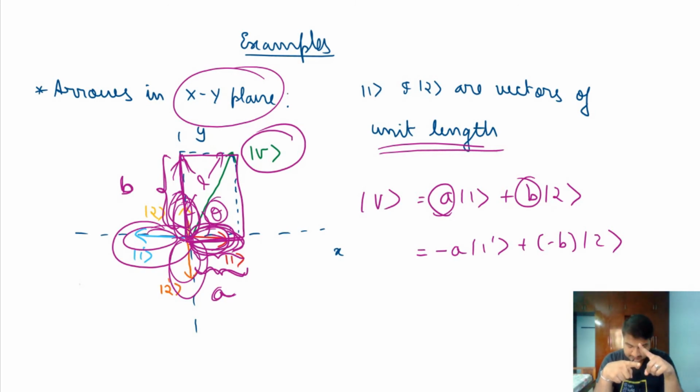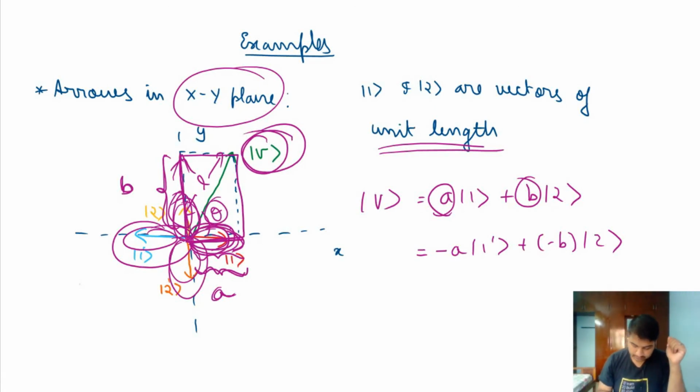So we basically have to multiply by the same amount but with a negative sign in order to make sure that we are in a direction which is opposite to the initial vectors that we have chosen. So this is an example of arrows wherein we have expanded a general vector v in terms of the basis that we chose along the x and y axis and having unit length.